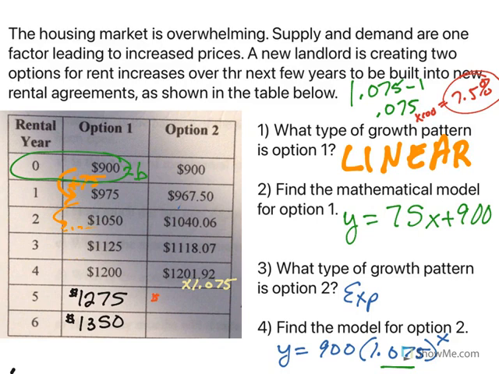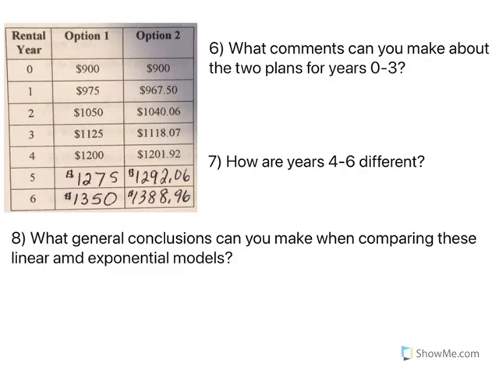So that gives me $1,292.06. And then again, we multiply that by 1.075, and we get the last one of $1,388.96. Okay, now that we've finished our table, now we can move on.